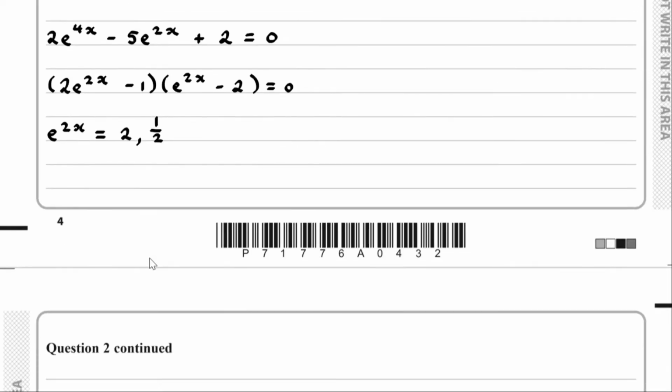And so 2x is equal to the natural log of 2 or the natural log of 1/2.